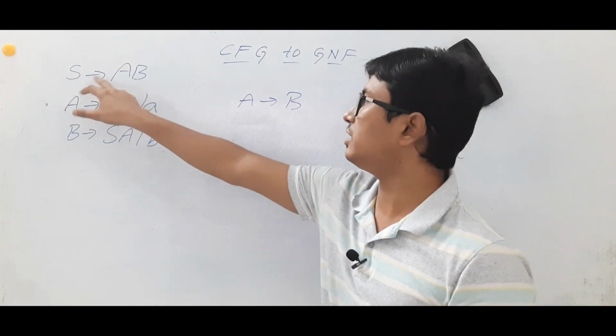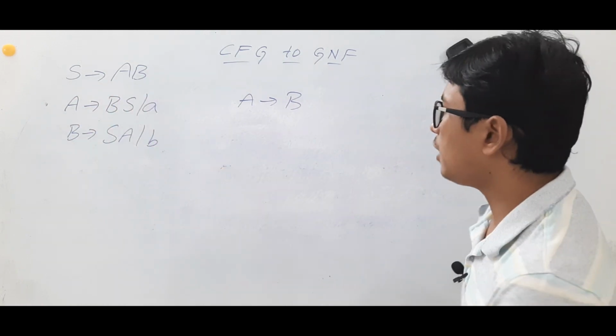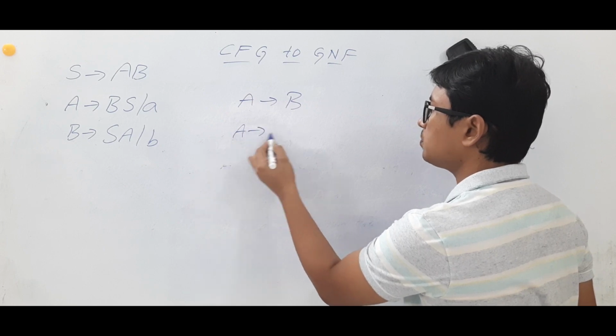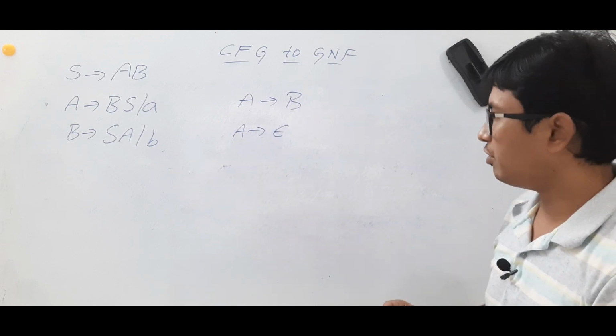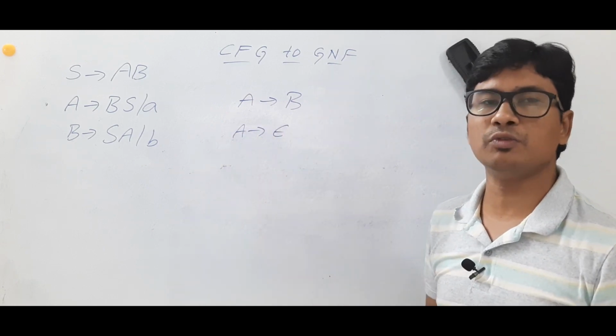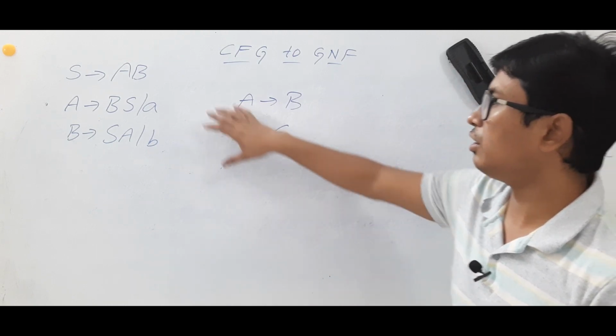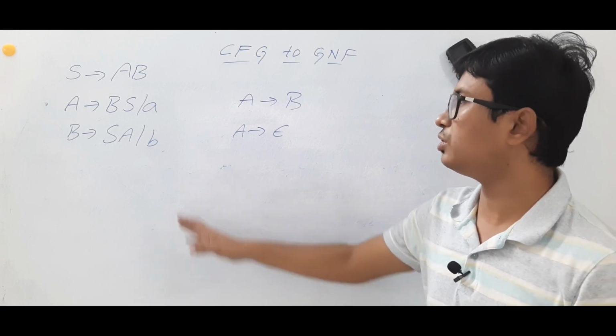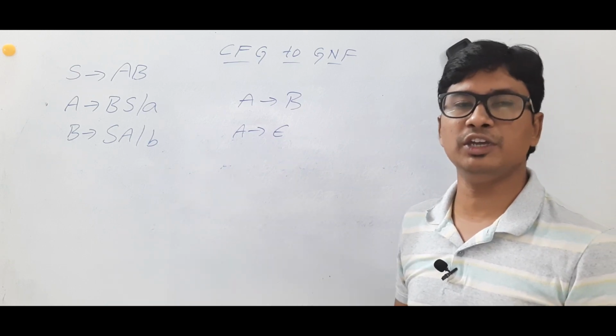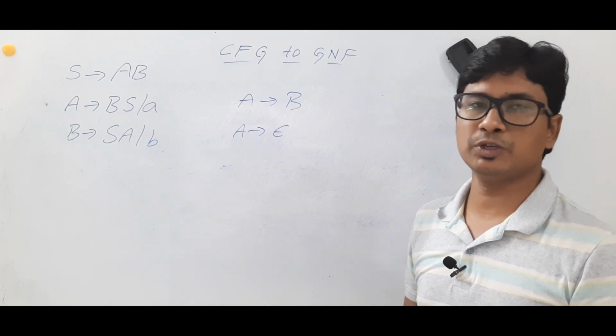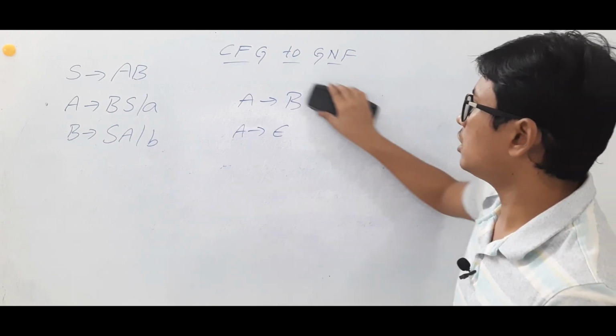Can you find any such productions? No. And what is meant by a null production or epsilon production? If a variable determines an epsilon, we call it an epsilon production or null production. Now can you find any epsilon productions? No. So it does not consist of any unit productions or epsilon productions, so we need not remove them.